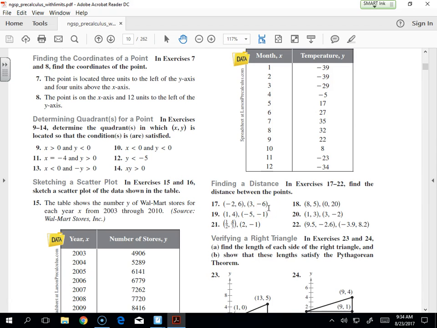This also can help in that if you read the problem one way, for instance, if you read and write 2, 6, and 3, negative 6, what's the reason going to be for your wrong answer? You read and wrote the problem wrong, right? A lot of you guys read the problem wrong and you go for it and then you're like, I don't know why I messed up. I knew what I was doing. Well, half of it might just be that you're reading it wrong. You're not getting all the information in there. So take your time, write it down.